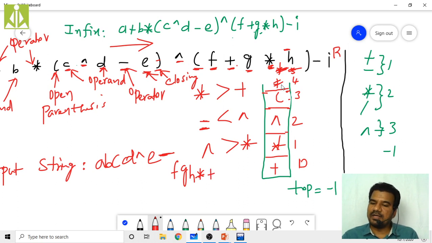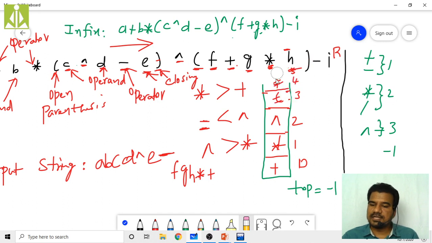Then we have opening bracket. So what we have to do with this opening bracket? Discard this opening bracket, and this closing bracket gets discarded. So after these things, my stack will become like this.